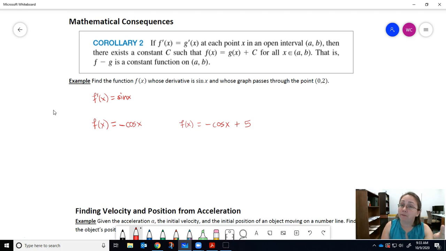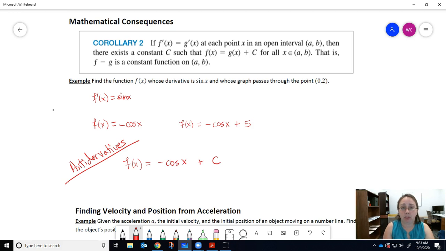Yeah, because what happens to the 5 when you take the derivative? It goes away. It turns out there's an entire family of functions that are the antiderivative. We'll talk about this more later. This is the introduction to antiderivatives. The antiderivative in general is negative cosine of x plus c.